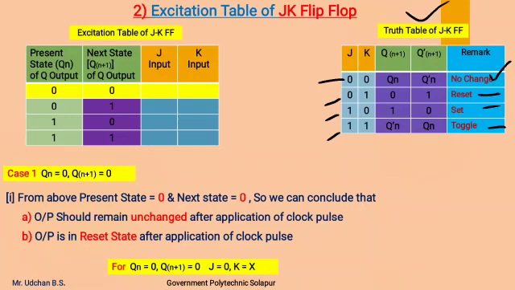So we will see all the possible combinations of present state and next state. The first case will be Qn as 0 and Qn plus 1 also as 0, that is present state is 0 and next state is also 0.